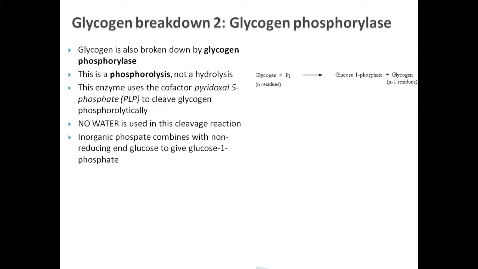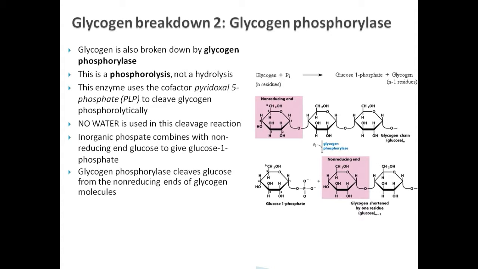So no water is used in the cleavage reaction, but an inorganic phosphate combines with the non-reducing end glucose to give glucose 1-phosphate. So the glycogen phosphorylase cleaves glucose from the non-reducing end of glycogen molecules. So if you have your glycogen chain over here, you have your non-reducing end residue. That is what gets removed by glycogen phosphorylase.